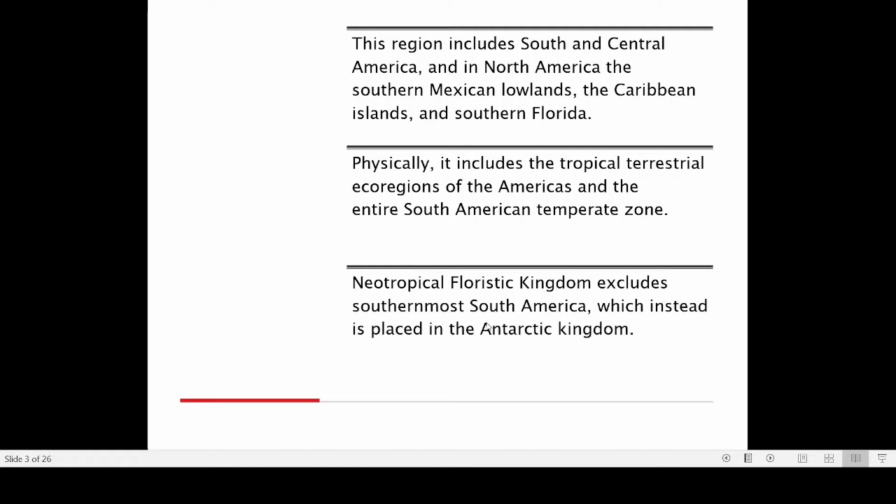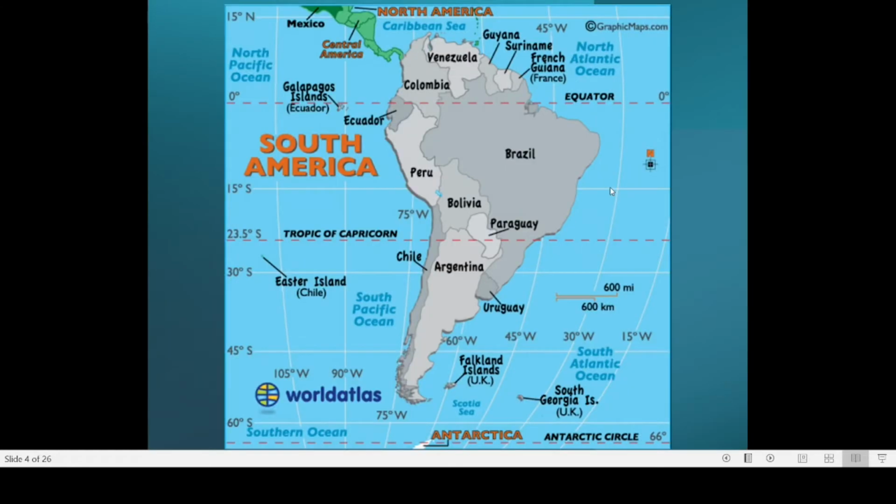Now next we have to see what the physical features of the Neotropical region are. Physically, it includes tropical terrestrial ecoregions of America. What do you mean by the term tropical? If you look at the map, this is the equator, and the region between 0 degree and 23.5 degree latitude.